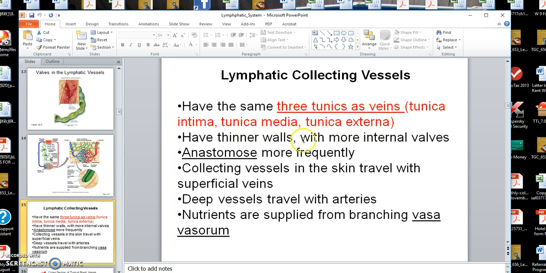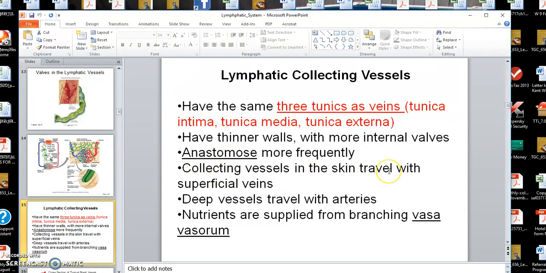They do have thinner walls and more internal valves than veins. Veins also need valves, so blood does not go back the wrong way. To anastomose means to come together. It's like several highways coming together. And so there are several coalescences, we should say, of the lymphatic vessels. They anastomose more frequently. Look that term up.